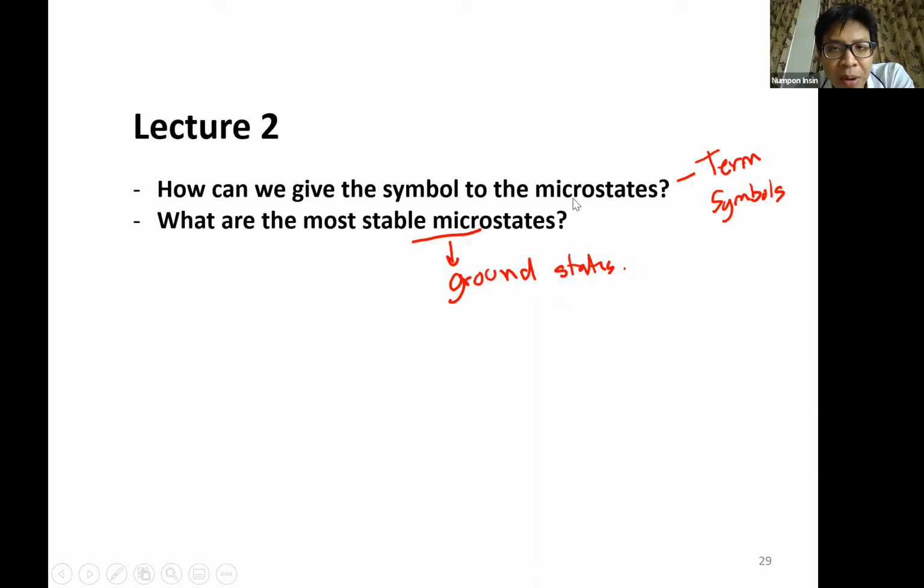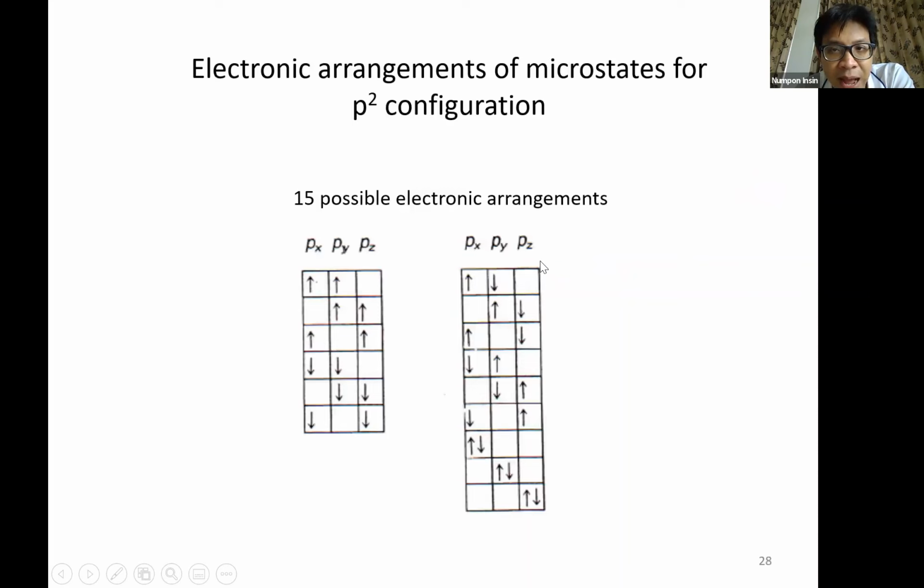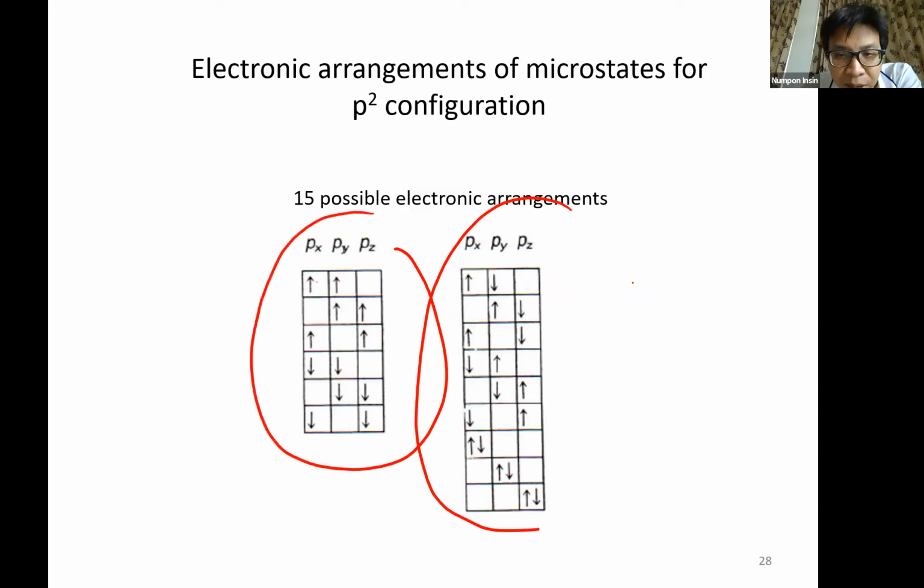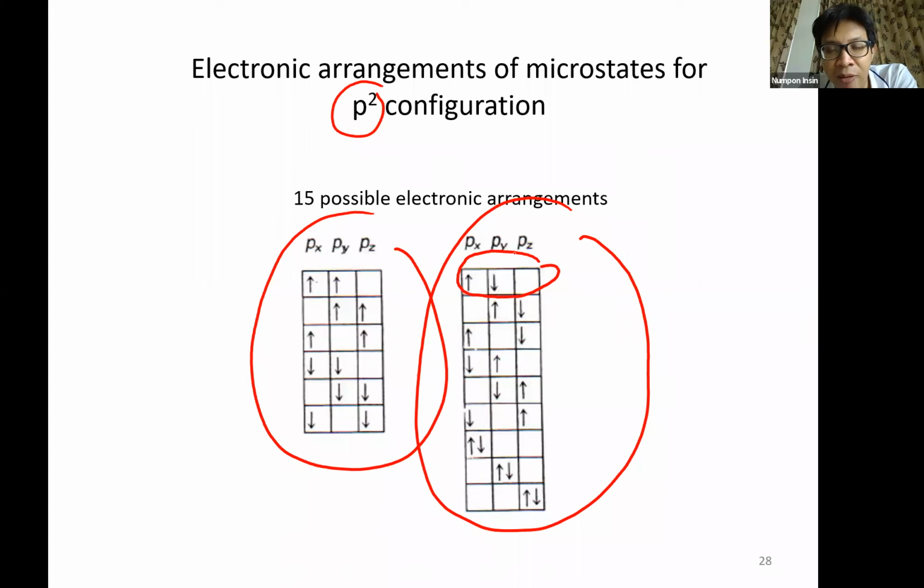So if you don't remember what the microstates are, these are the microstates: the possibilities of the electron configuration, the electron arrangement. For example, in this case it is P2. P2 means you have two electrons in the p orbital, and the p orbital has 3 ml values, so actually they have 6 boxes that electrons can be put in.